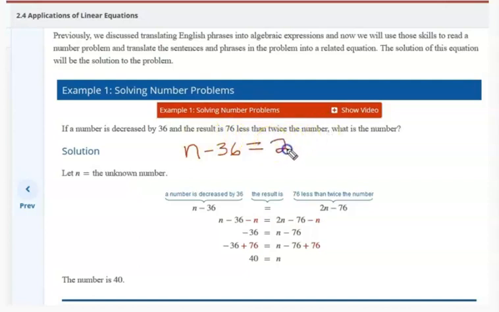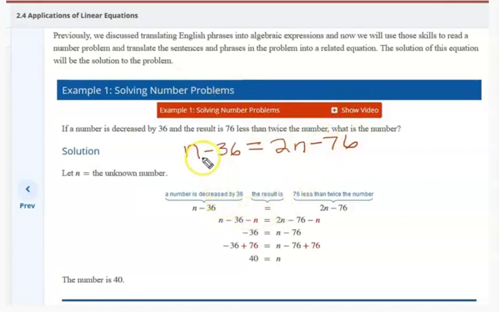So twice the number, and then less 76. So again, they're outlining it here as we use, in essence, textbook material to go over it.